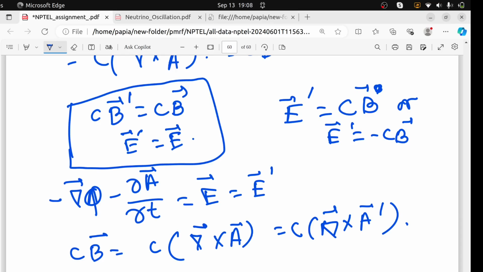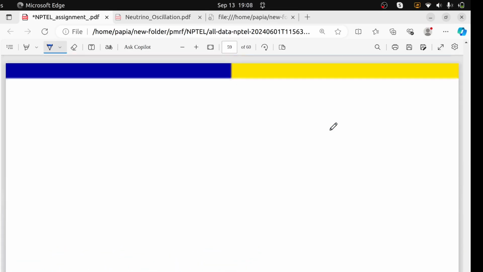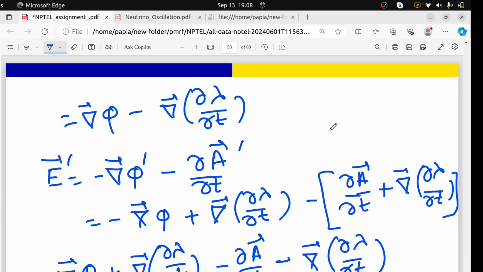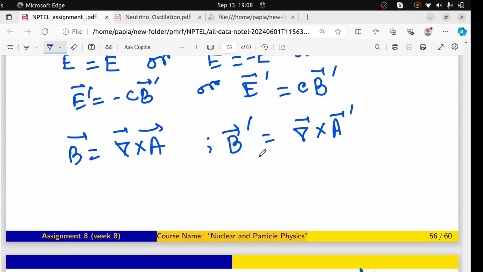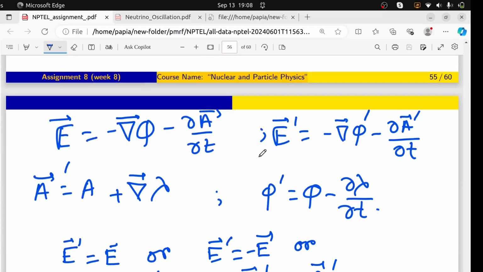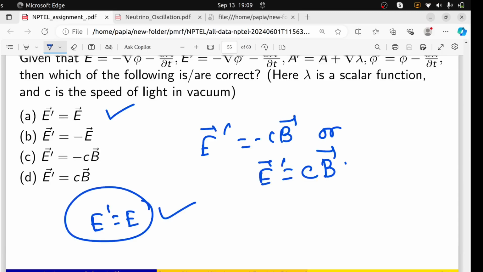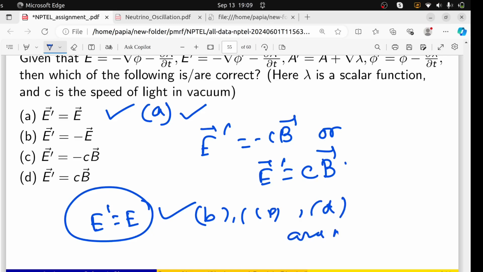There is no direct relationship between E and B in such a transformation, so that we can write E prime equals C into B or E prime equals minus C into B. So in that option, whatever it is showing, we can have only option A as the correct one. B, C and D are not correct.